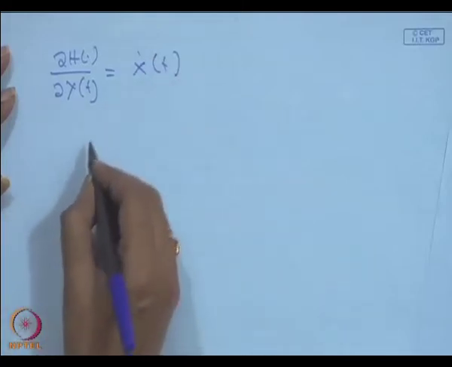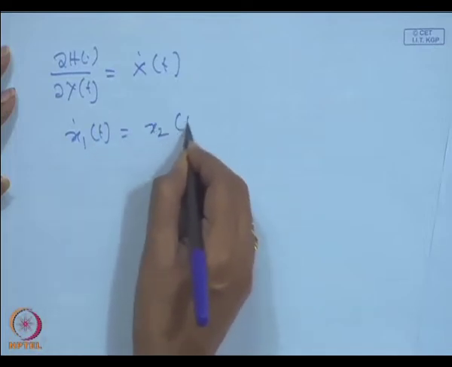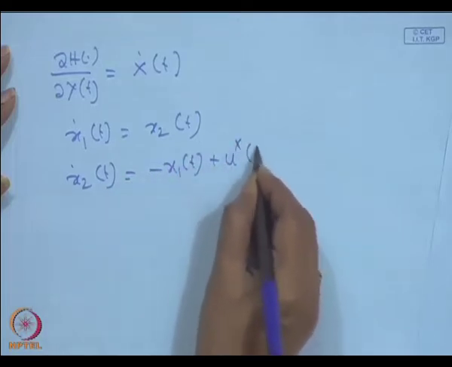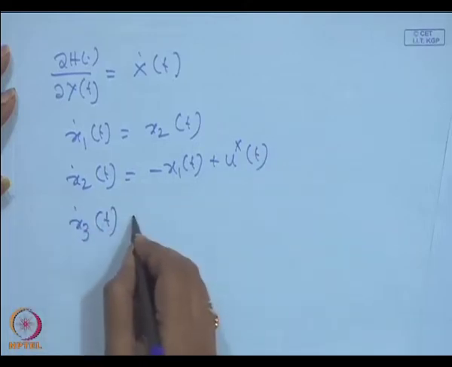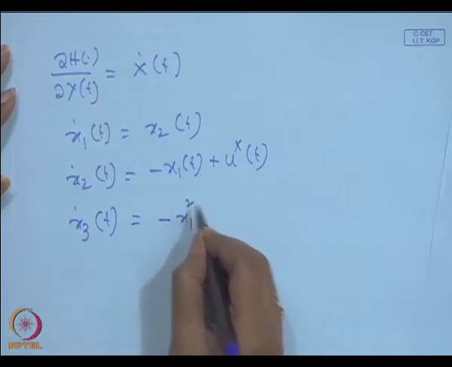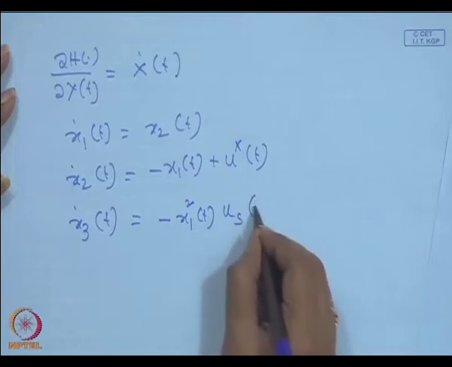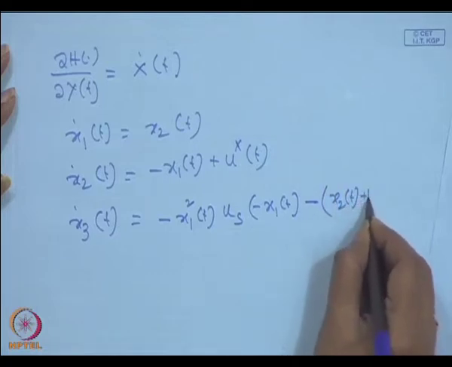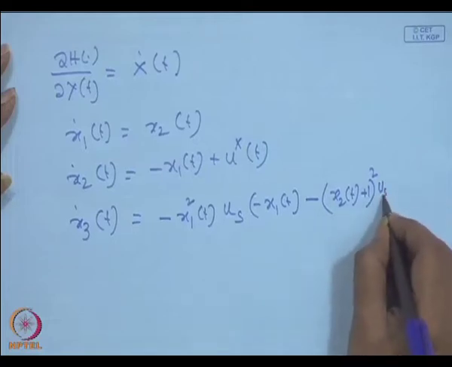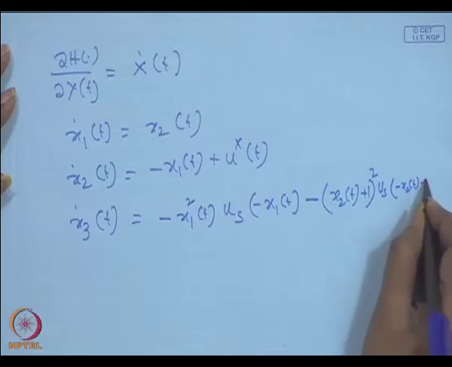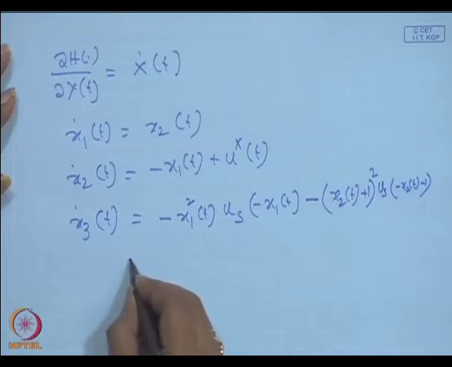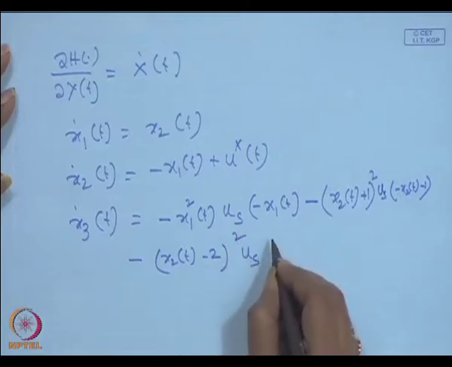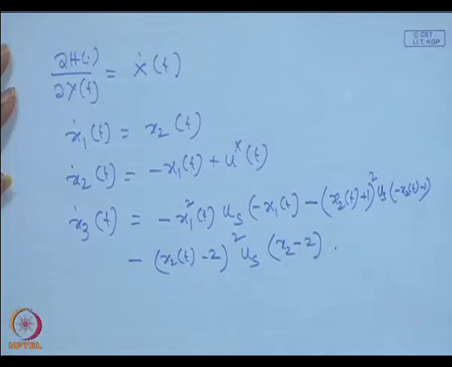If you do this, then you will get x 1 dot is equal to x 2 of t, x 2 dot is equal to minus x 1 of t plus u star of t, x 3 dot of t is equal to minus x 1 square of t plus u star minus x 1 of t, minus x 2 of t plus 1 whole square, u of t minus x 2 of t minus 1, then minus x 2 of t minus 2 whole square, u star x 2 of t minus 2. That is what we will get.